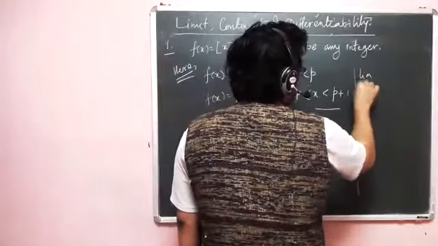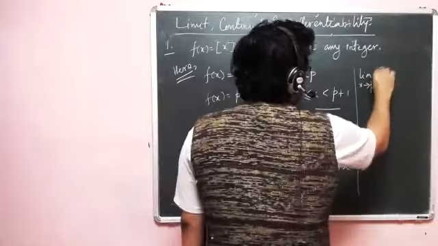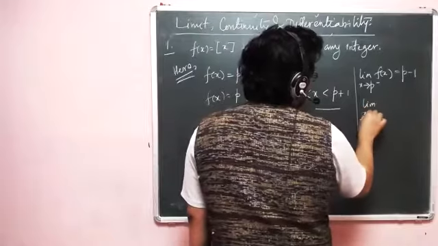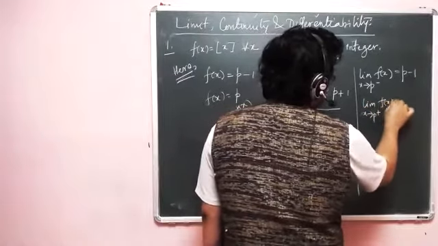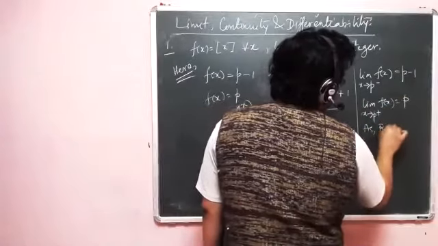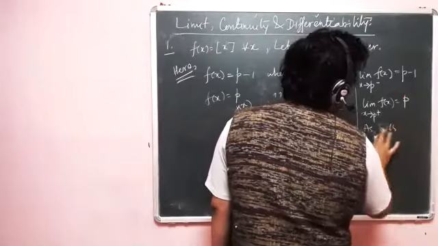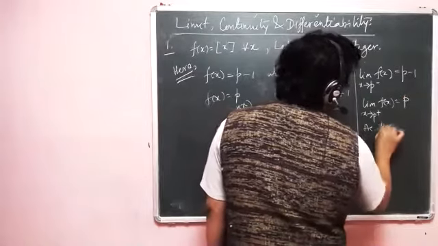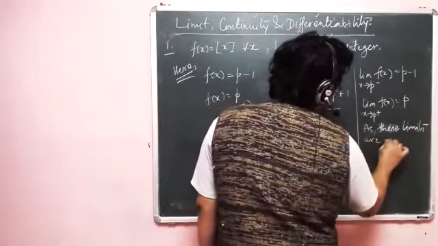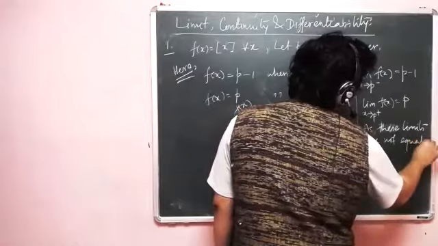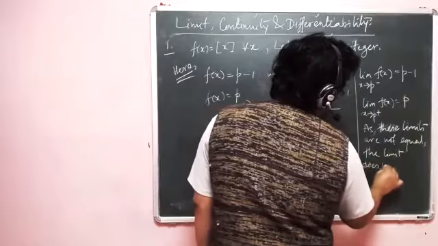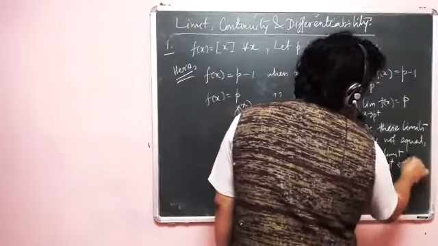We write that the left-hand side limit, x tends to 2 minus of f(x), is 1, and the right-hand side limit, that is plus, is 2. And as these limits are not equal, the limit does not exist. Right?